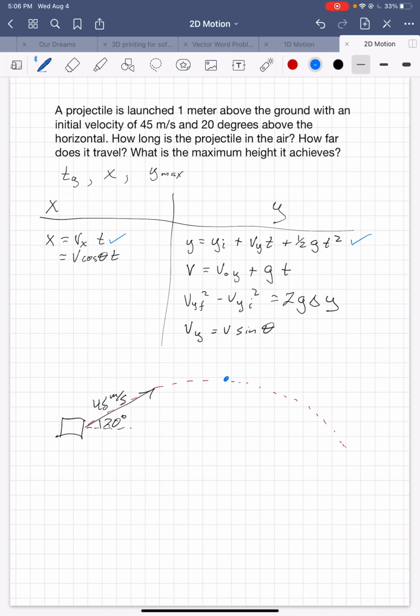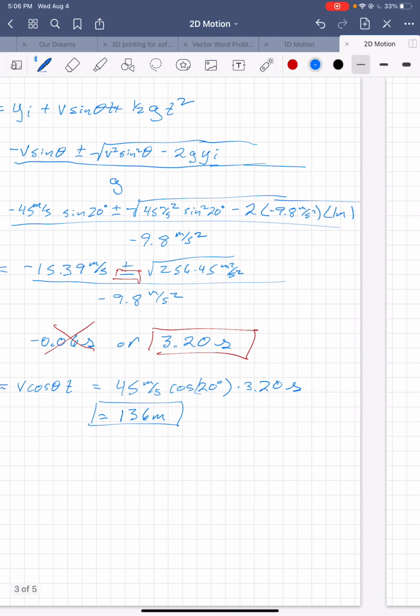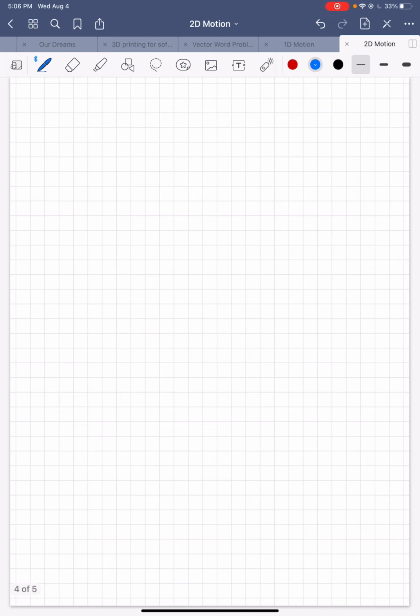So to solve this problem, what I can do is I can say, for this situation, I know that Vy final has to be equal to 0. Vy initial is equal to V sine theta.